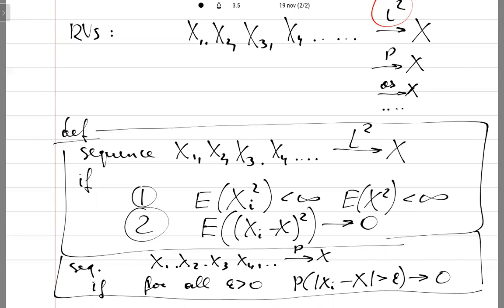Yeah. You add the absolute value to avoid the confusion of positive and negative values compensating each other. So you add absolute value and you put 3 instead of 2. But you need to add absolute value. In the case of 2, you don't need to add absolute value.